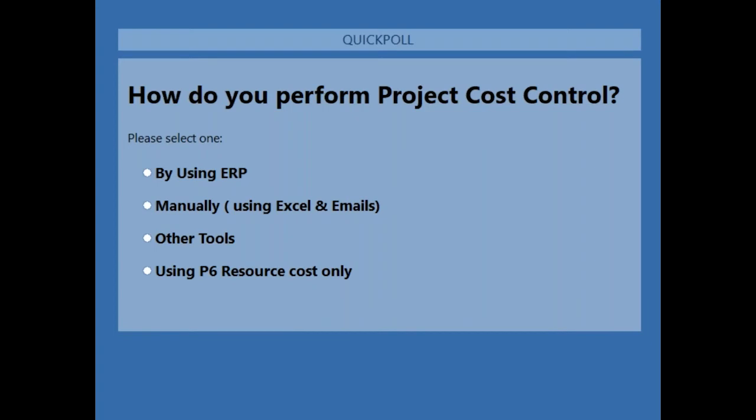The ERP itself has some options for doing project cost control, or it's manual, with normal Excel sheets, emails, and other steps, or any other specific tool. If you have one, you can select this option. Some people believe that P6 cost will be fine, so probably they might be doing it that way also, I believe. So that's the option that has been given.